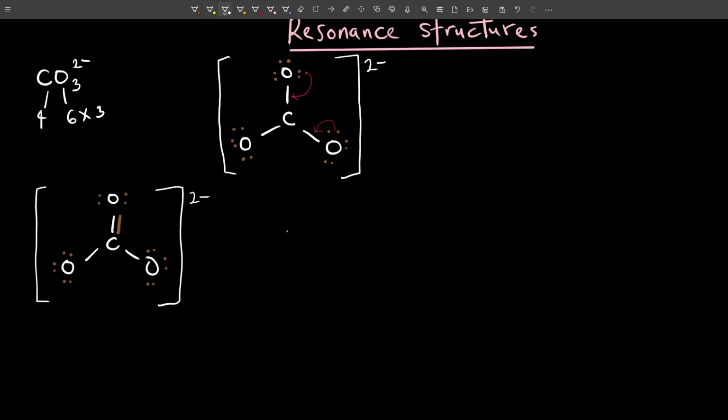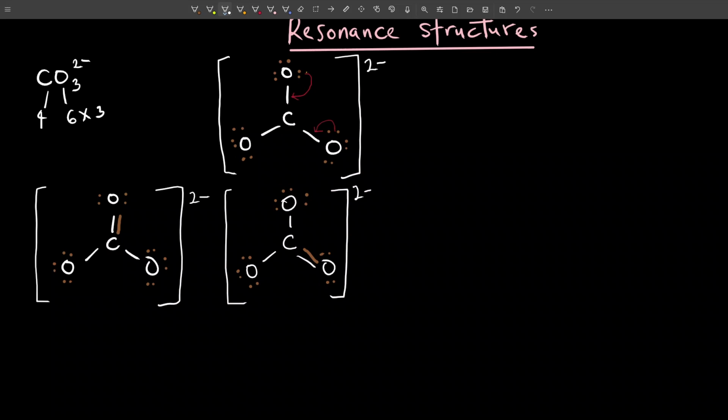We have our carbon, we have oxygen up here, we have another down here, we have our lone pairs. Now one of the lone pairs has been used to form an extra bond, isn't it? Which leaves this oxygen with just 2 lone pairs of electrons. So this is a possible structure for CO3 2-.